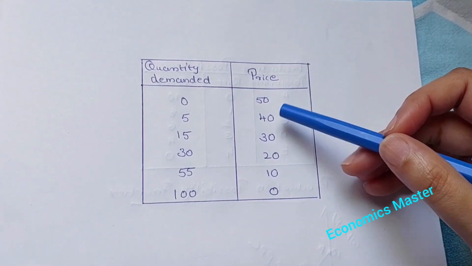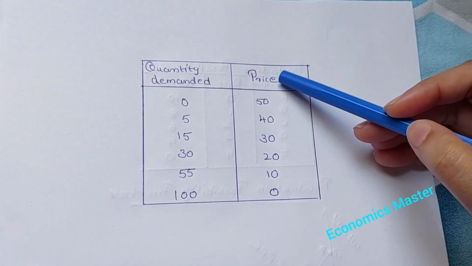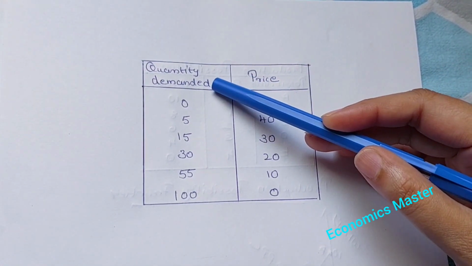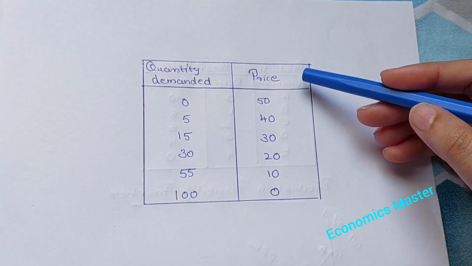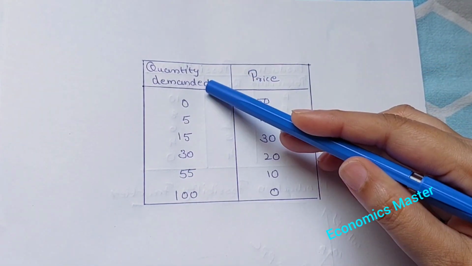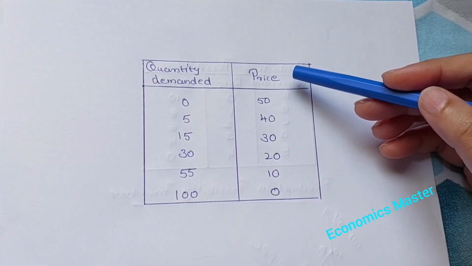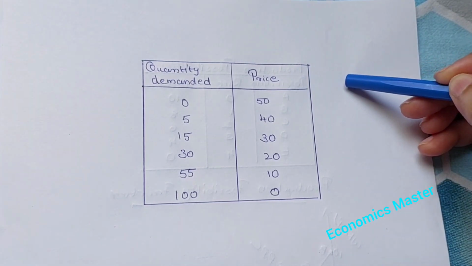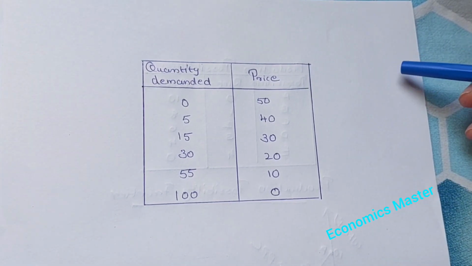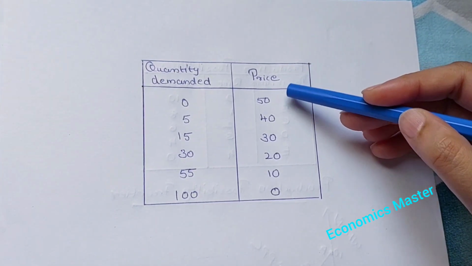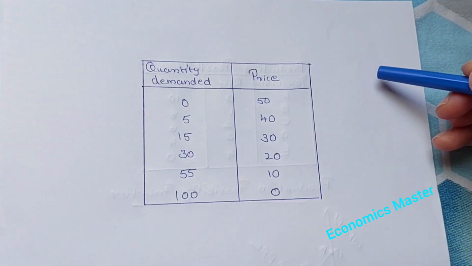This table shows the relationship between the price and the quantity demanded. There is an inverse relationship between the price and the quantity demanded. When the price of the commodity increases, the demand decreases. When the price of the commodity decreases, the demand increases.